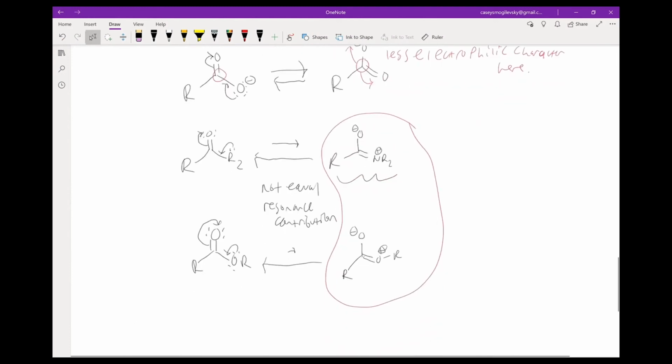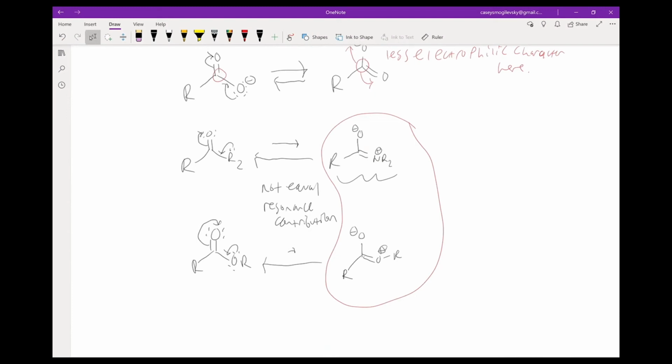Similarly, the amide can do a similar thing, and the ether or the protonated carboxylic acid can do a similar thing, but they just don't have as stable alternative resonance structures. So they don't have as much contribution, and they don't have as much electron donation character into this resonance system.